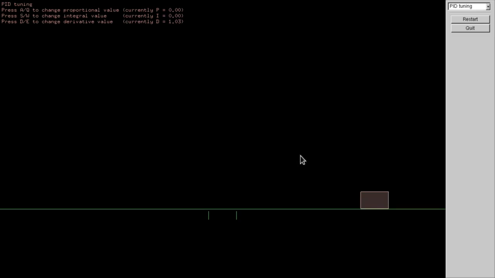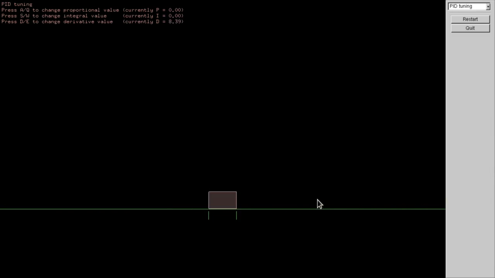And if I increase, let me give it a big shove. A big shove. It's a little bit hard to get it just right, but hopefully you can see that it's kind of slowing down at that kind of a rate. And if I increase the D value up to now, say 7.9, about 8.